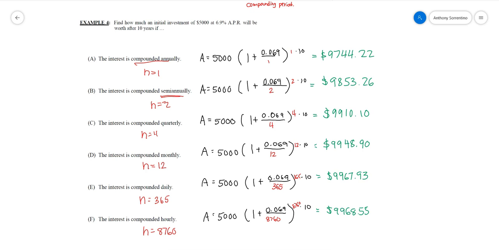And when I go to hourly, every hour I've split the percentage into 8,760 equal parts and apply it 8,760 times during the year, I end up with still yet a higher amount, but now we're less than $1 difference. So compounding alone will increase the amount of money you get, but there's a limit to it. It only goes so high. It's only going to take it so far.